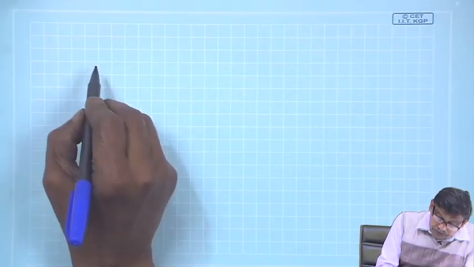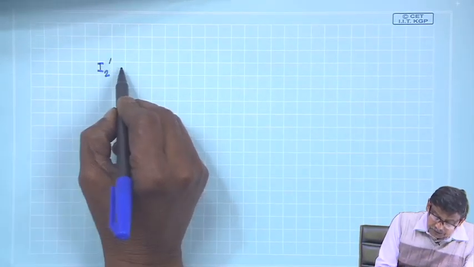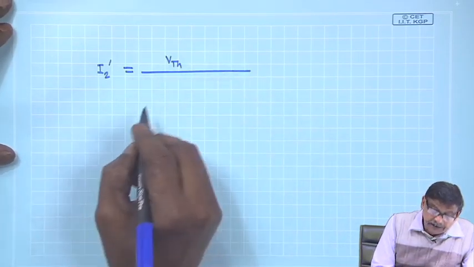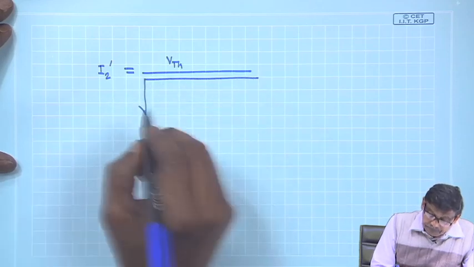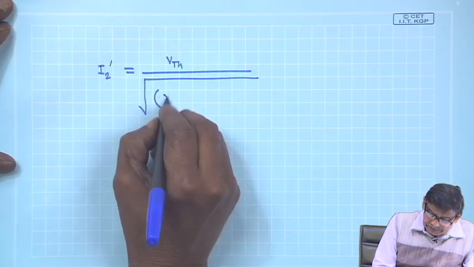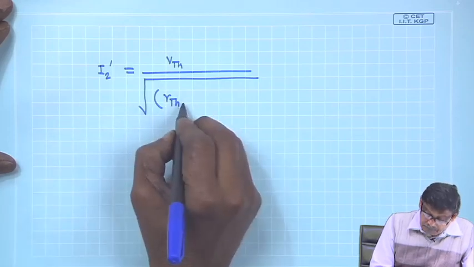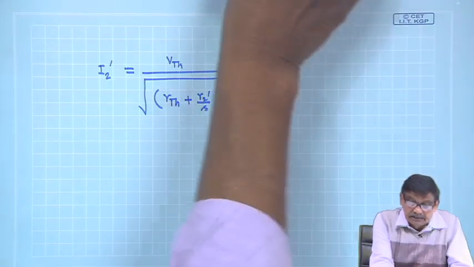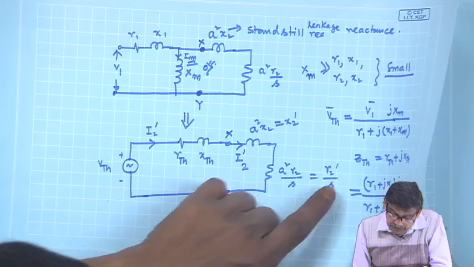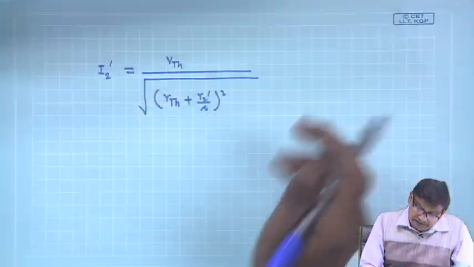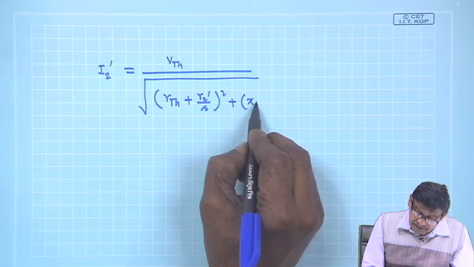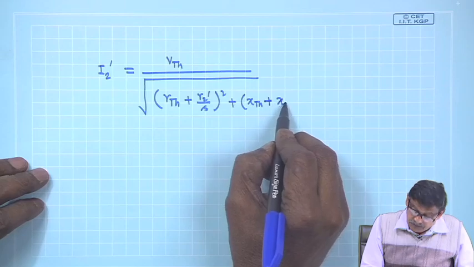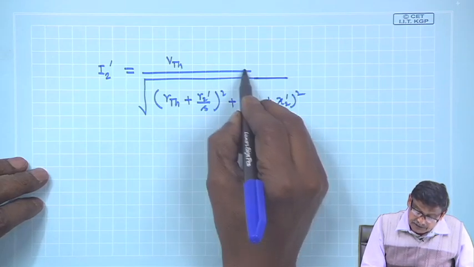For example, the magnitude of the current I2 dashed drawn will be V Thevenin divided by the square root of, these are very routine circuit calculations, (R Thevenin plus R2 dashed by S) whole square, that is the resistance part, plus (X Thevenin plus X2 dashed) whole square. This will be the current.